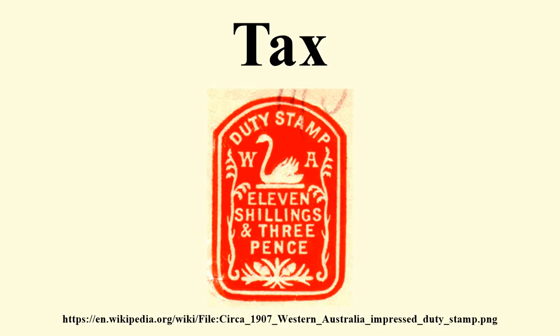Tax collection is performed by a government agency, such as the Canada Revenue Agency, the Internal Revenue Service in the United States, or Her Majesty's Revenue and Customs in the United Kingdom. When taxes are not fully paid, the state may impose civil penalties or criminal penalties on the non-paying entity or individual.